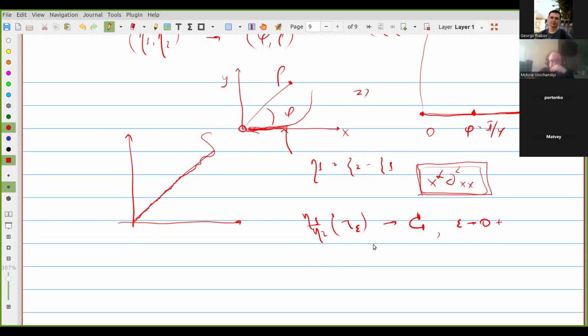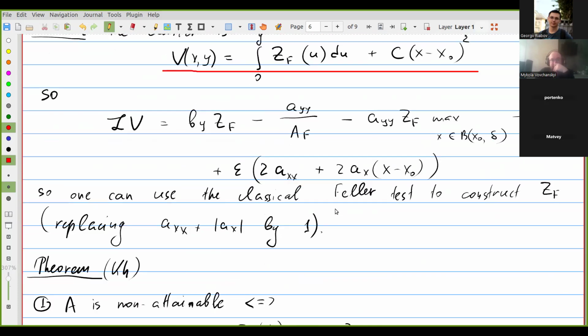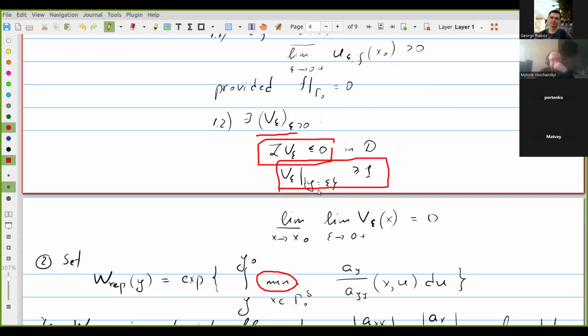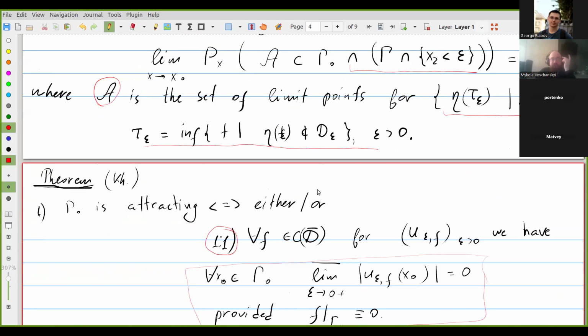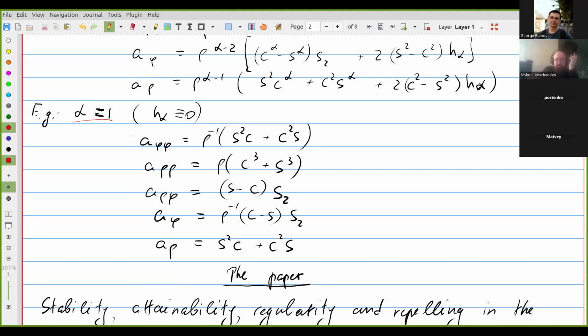And for instance, if you look even at a situation where alpha is equal to 1 and the original coefficients of the operator, for instance the coefficients of the drift in the direction of phi, it behaves, this is phi equal to pi over 2, and this is actually positive here and negative here.